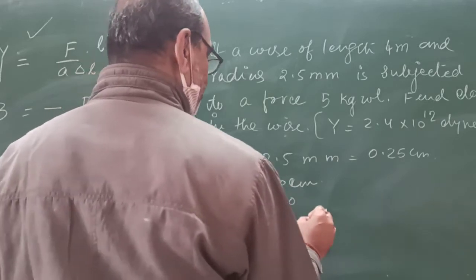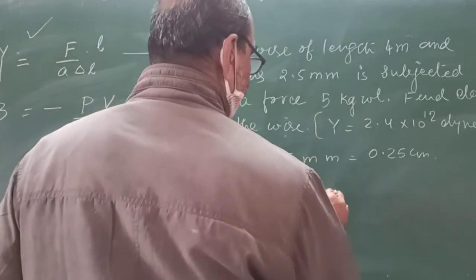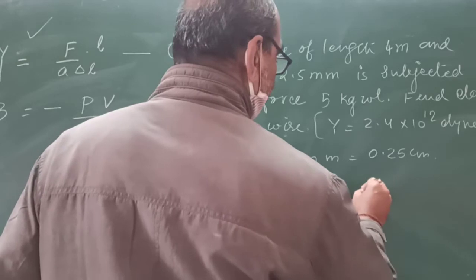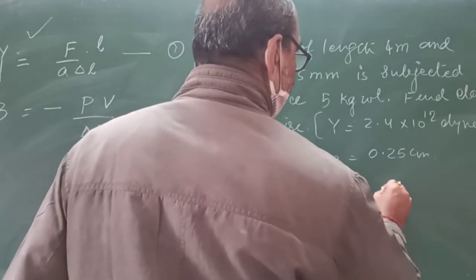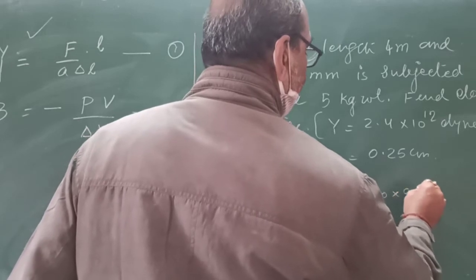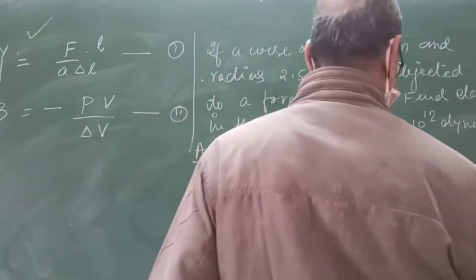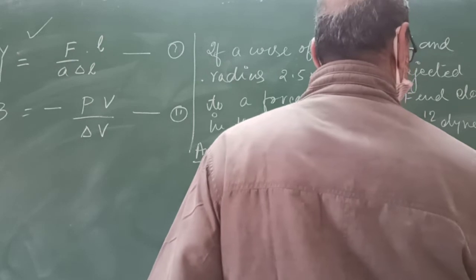5,000 gram weight. This gram weight is converted into dyne by multiplying by 980.